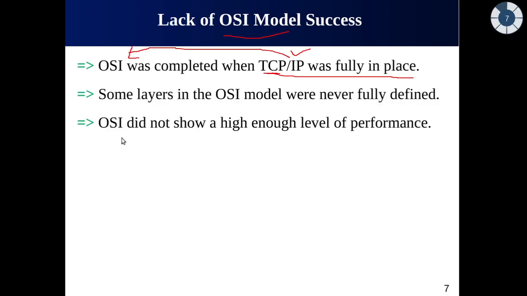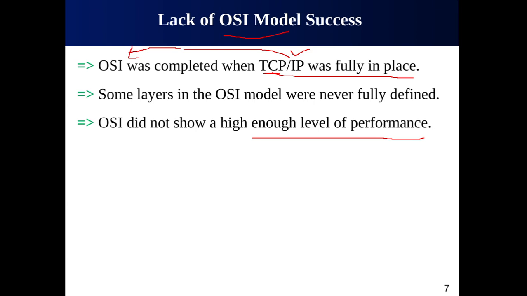And the third reason is that the OSI was implemented by an organization in a different application, and it did not show a high enough level of performance. Its implementation was not that successful.